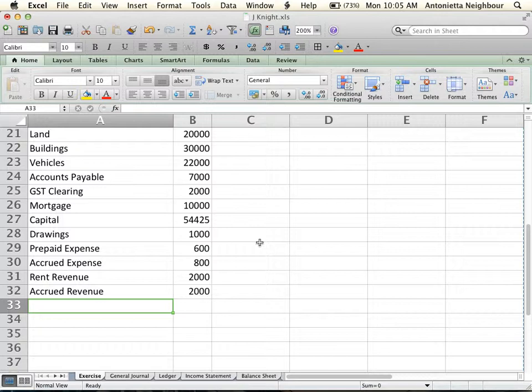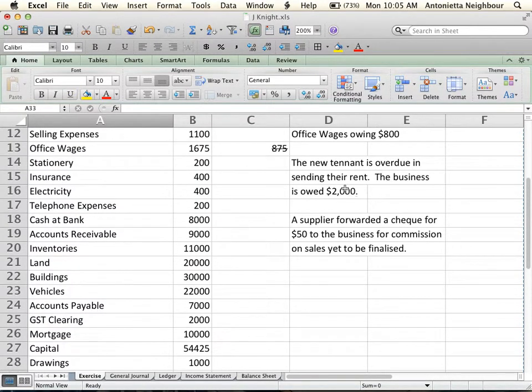Why didn't you add that to the accounts receivable account instead of a rent revenue? Accounts receivable traditionally are those people that we sell stock to on credit. That's our definition for an accounts receivable account. The person who owes us money is a tenant.